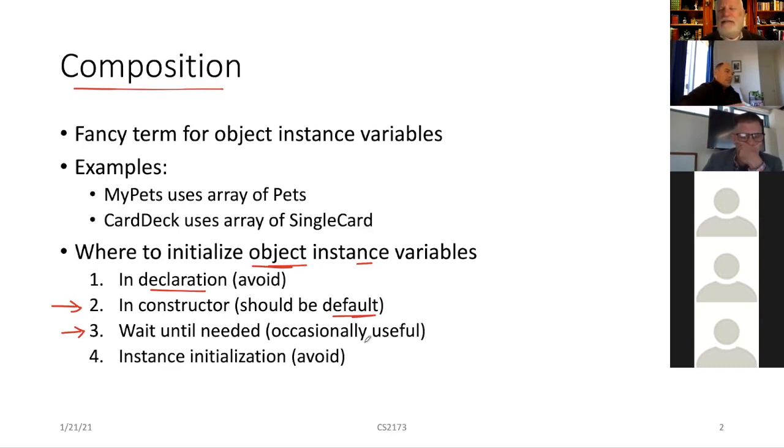And again, that's occasionally useful. Just for completeness, we'll list it here. And instance initialization, basically, that's just another one to avoid. So just focus on these two, and mostly on this one.